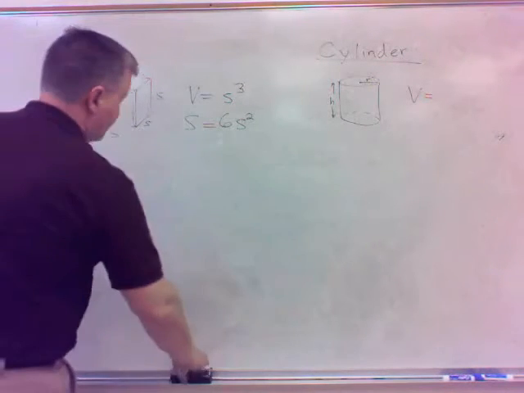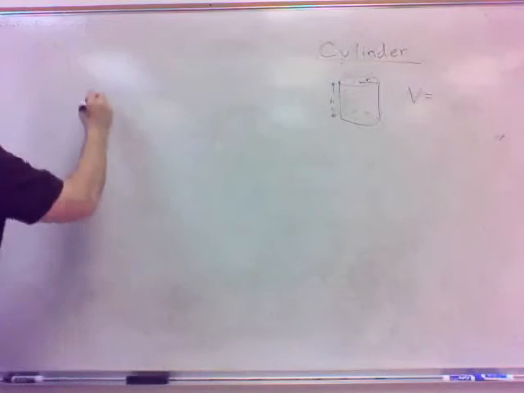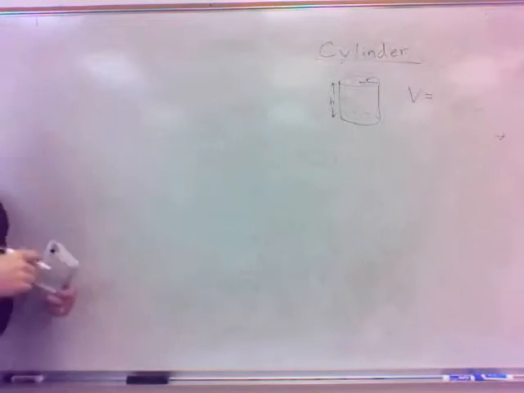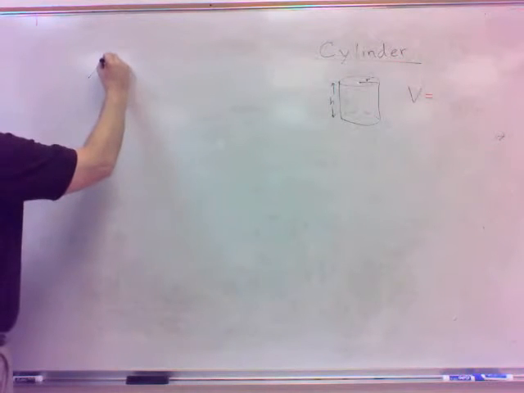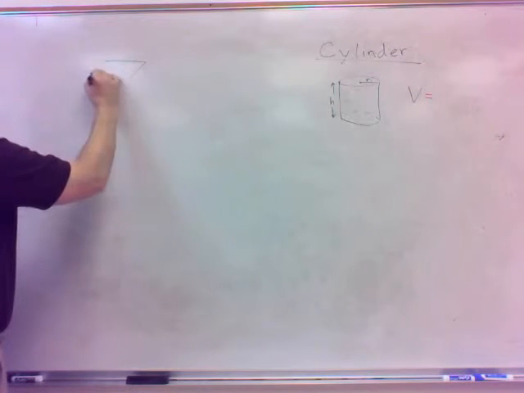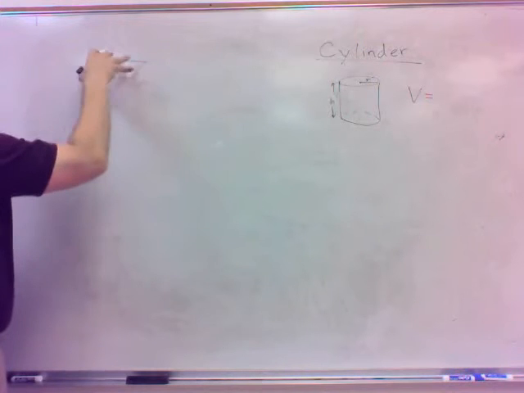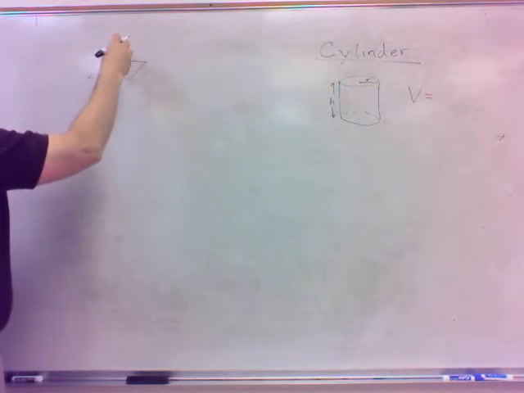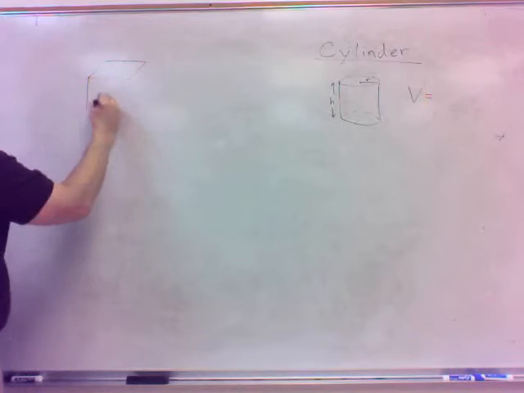Okay, let me try to explain the volume a little bit. Let me go back to the box here. If you think of starting with a rectangle, that's going to be the top.